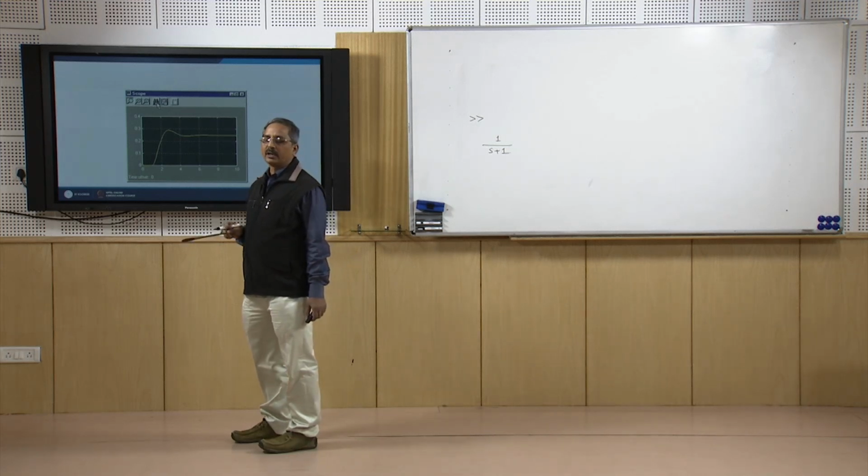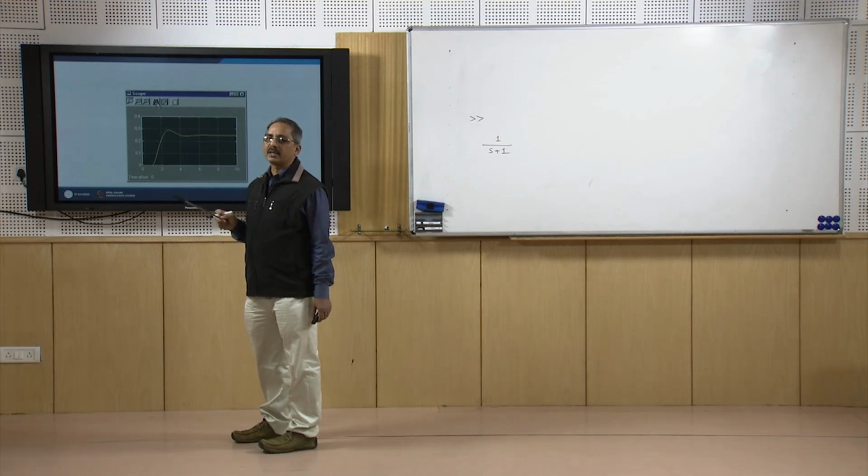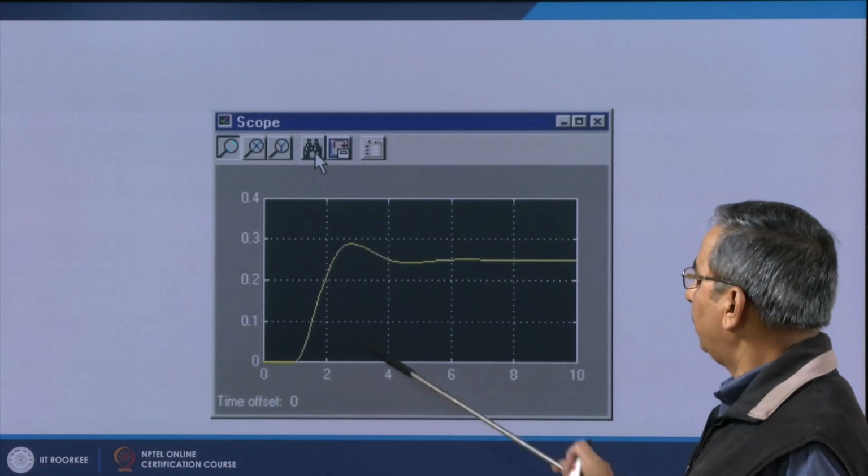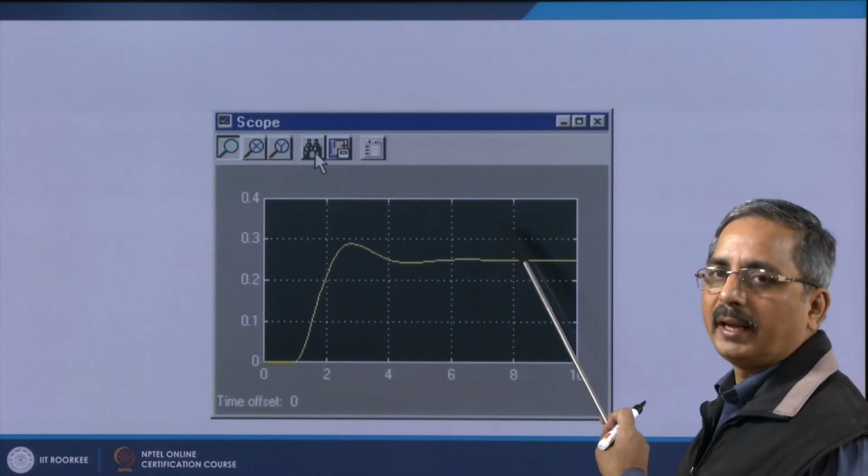What are your inputs and what are your system parameters? If you specify these things, then you can see the output something like this.